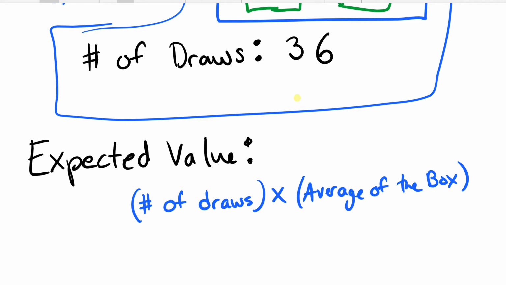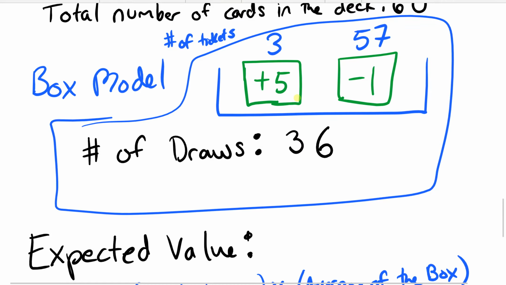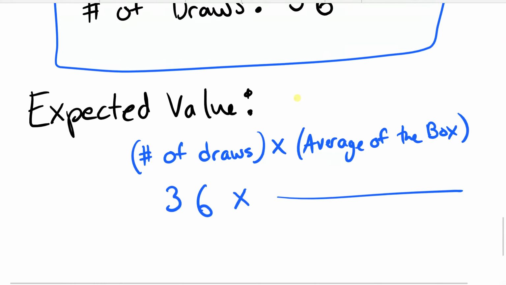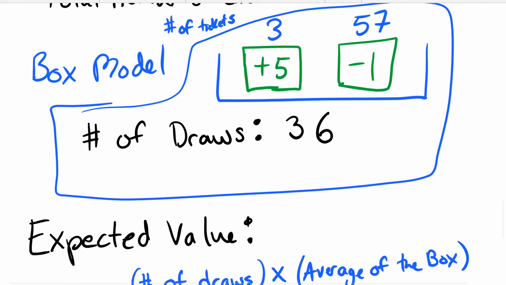The number of draws is 36. To calculate the average of the box, we're adding plus 5 3 times, that's the same as 3 times 5, plus minus 1 added 57 times.